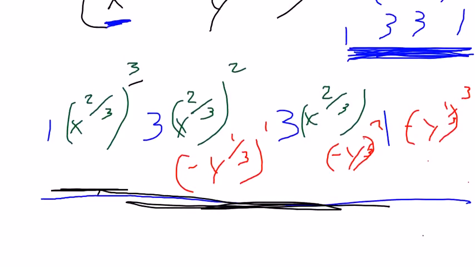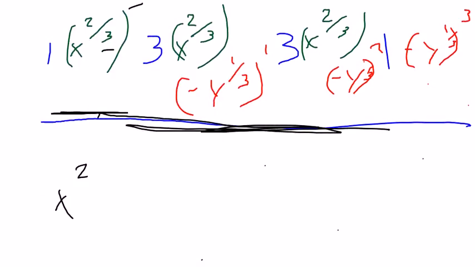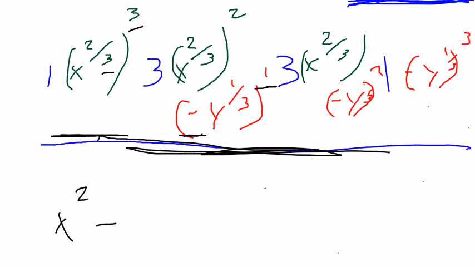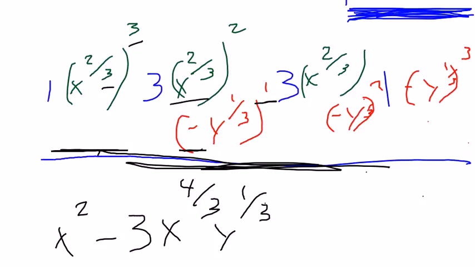So what we need to do is take this power times this. Well, the 3's will cancel, so I will just have x squared. Then it's going to be minus, because I have a negative sign to the first power here. Let's do this one. This would be 3x to the 4/3, y to the 1/3.